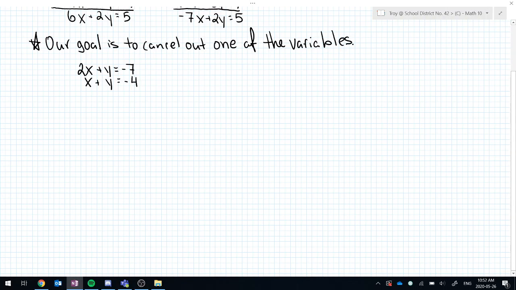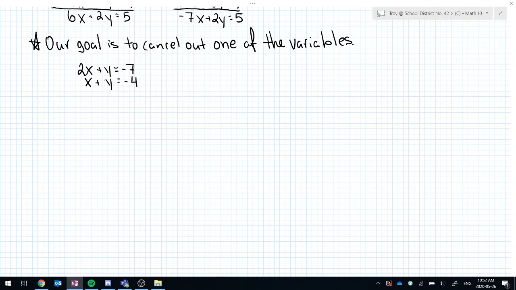So in this case, we take a look here. We have 1y in the first equation, and we have 1y in the second equation. So what are we going to need to do with these equations? Are we going to have to add them, or subtract them in order to get the y's to cancel out?